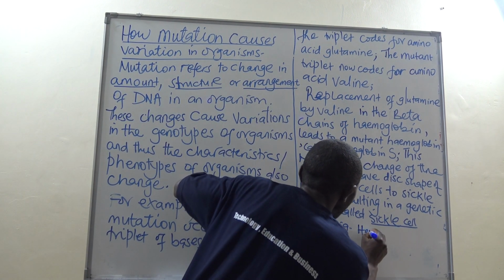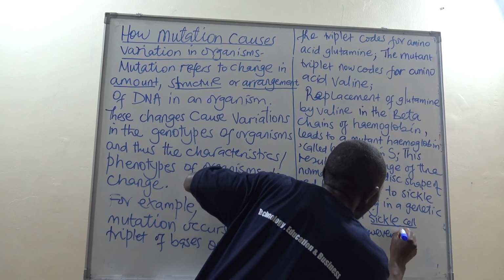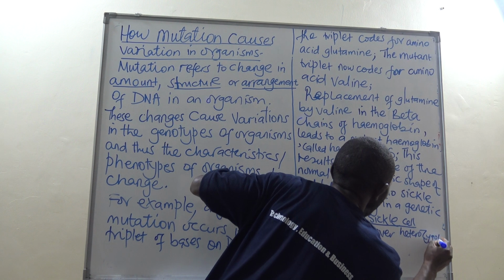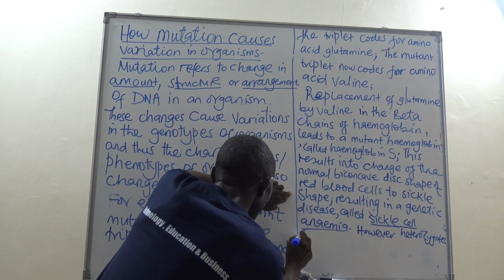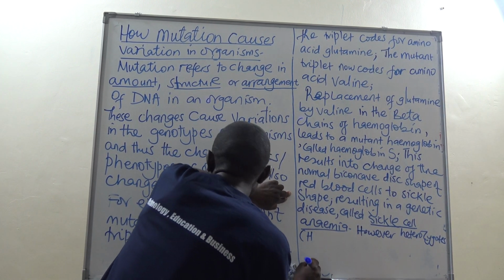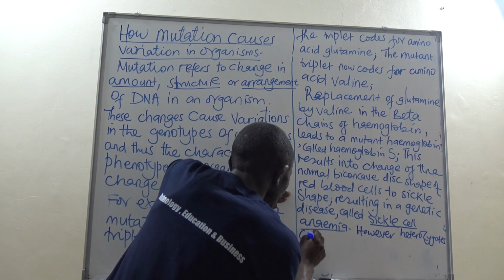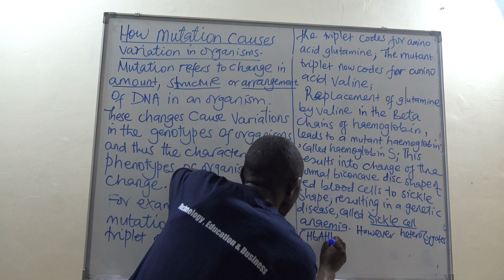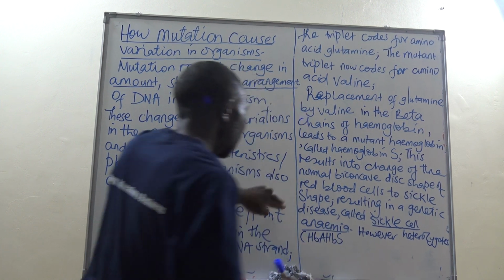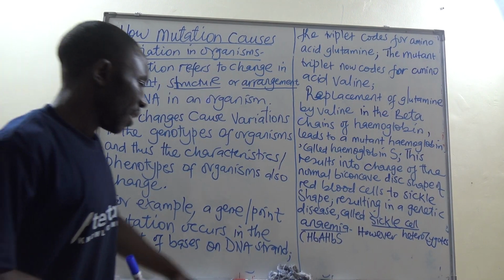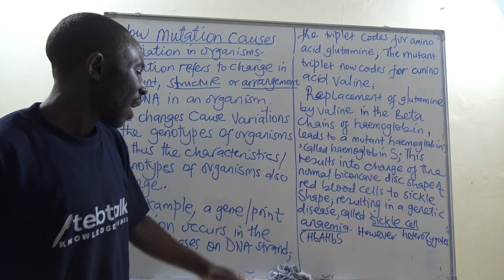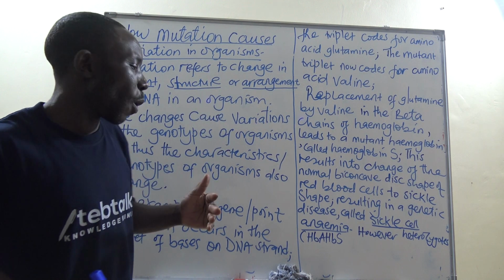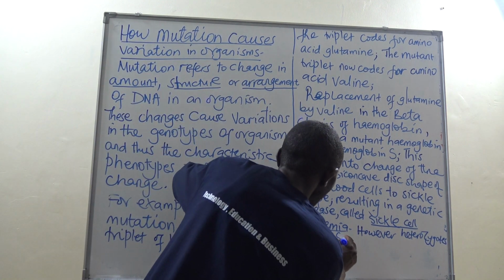Heterozygotes are individuals with normal hemoglobin and abnormal hemoglobin. That is HbA, HbS. HbA is the normal hemoglobin and the HbS is the abnormal hemoglobin.